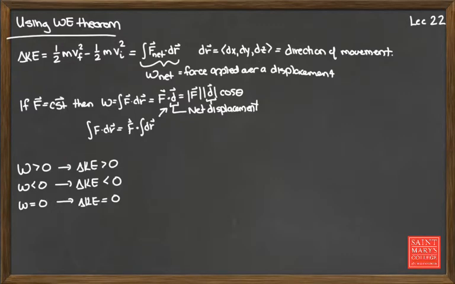Let's take case 1, where I have some velocity vector v, and then some acceleration vector that points generally in the same direction. It might not be exactly the same direction, but it is closer to being parallel to v than it is to being perpendicular or anti-parallel.